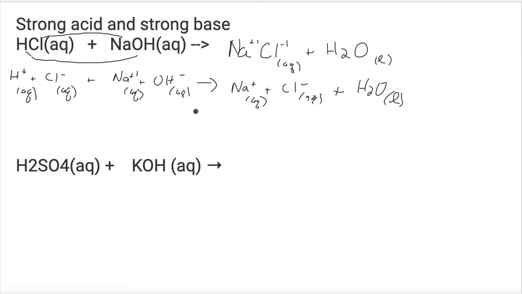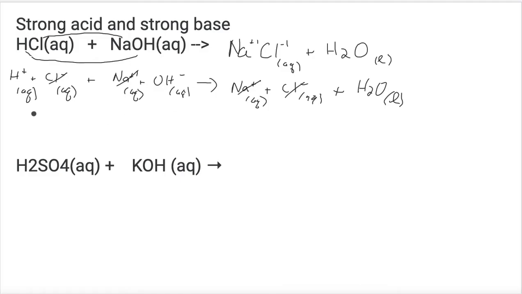Okay, cross off the spectator ions. If you look here, you can see that Na is a spectator, and Cl is a spectator over here.